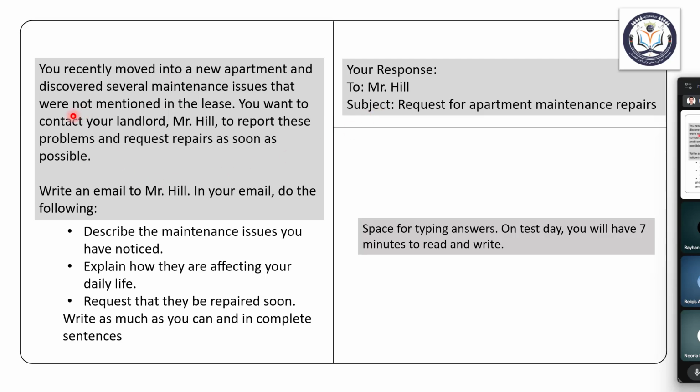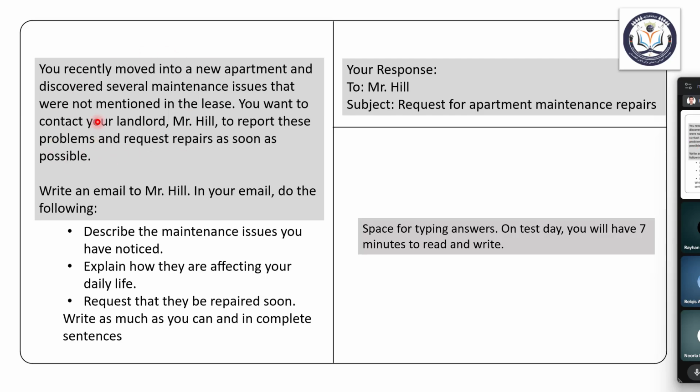So let's dive into the situation. In the situation here, we have: you recently moved to a new apartment and discovered several maintenance issues that were not mentioned in the lease. Lease is that contract. You want to contact your landlord, Mr. Hill, to report these problems and request repairs as soon as possible.